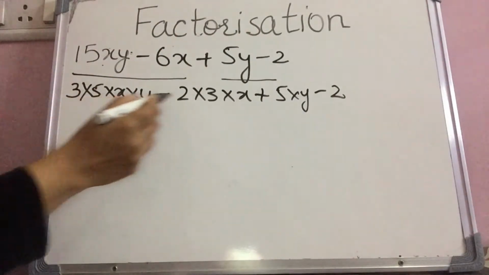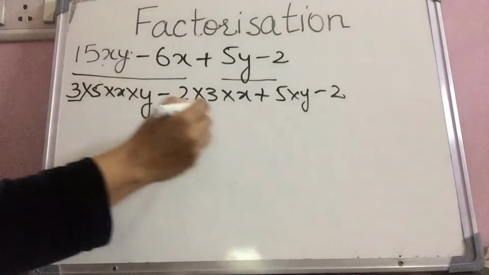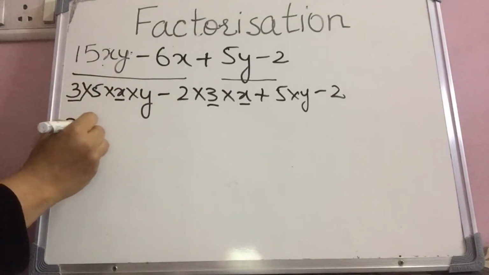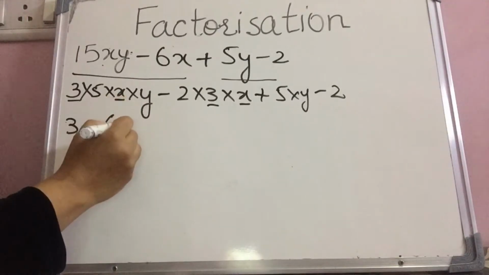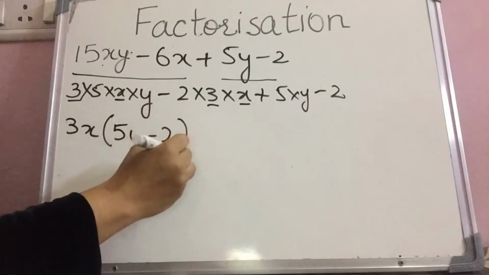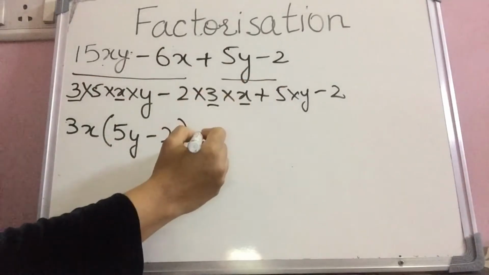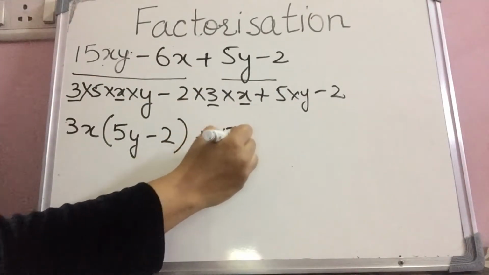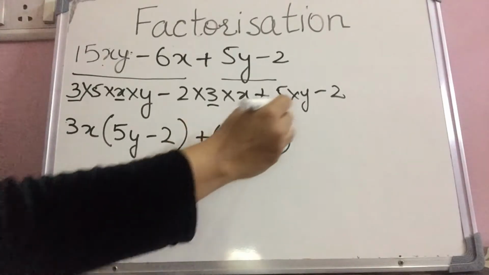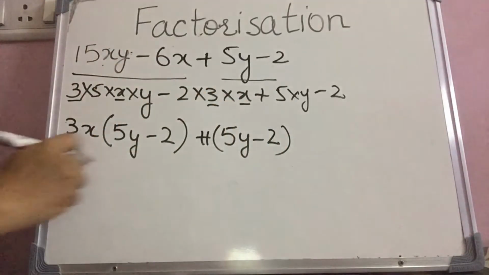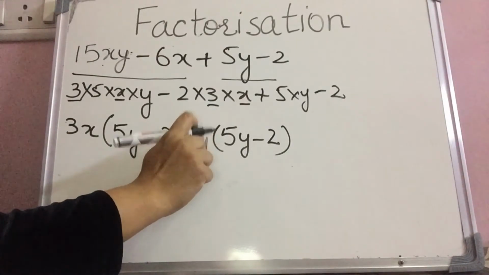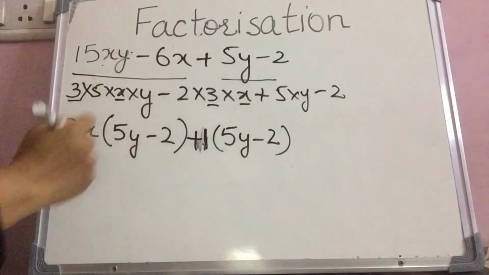So from these two terms we have 3 common and x common. So 3x in the bracket 5y minus 2, and from this plus 5y minus 2. We don't have any common term, so we will take 1 outside the bracket. When we have no common term, we can take 1.